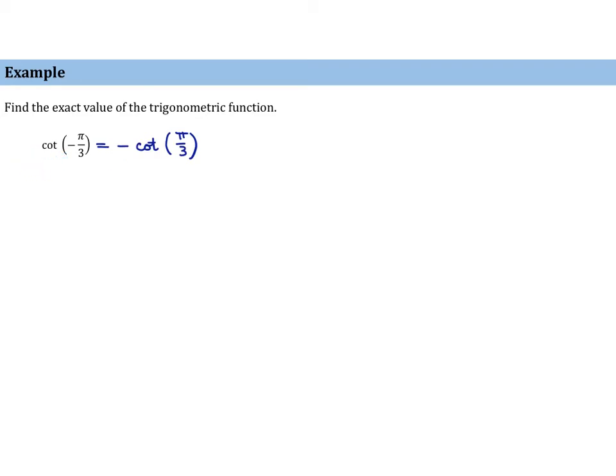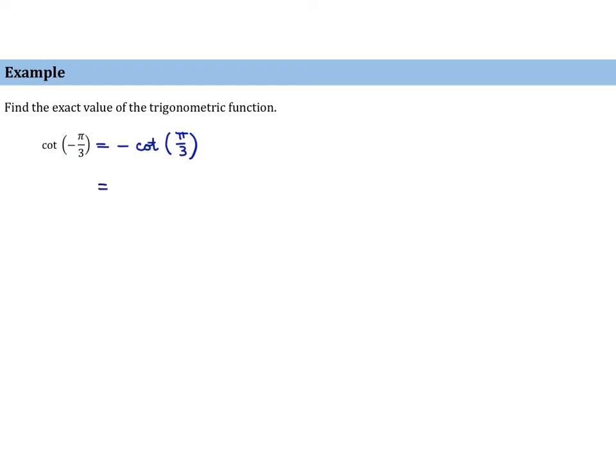This negative is not the same as that negative, especially when it comes to even functions, because in an even function, this negative is removed on the outside. It's an odd function that there's a negative on the outside. So don't think that this negative is the same as that negative, because it's not.